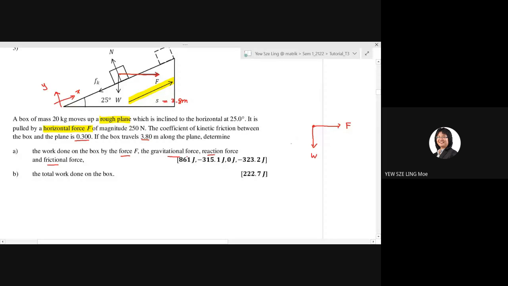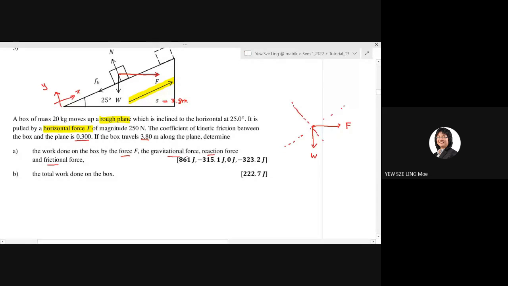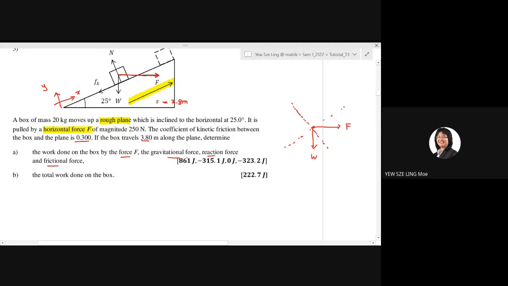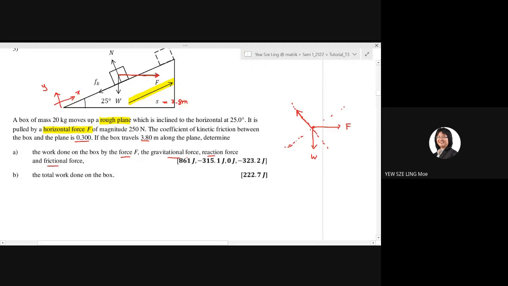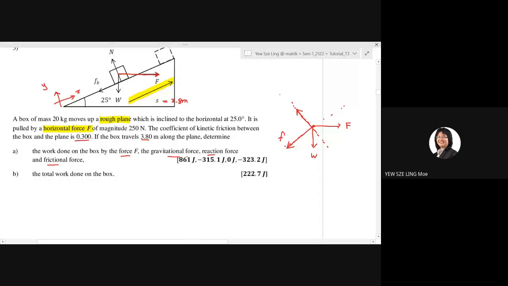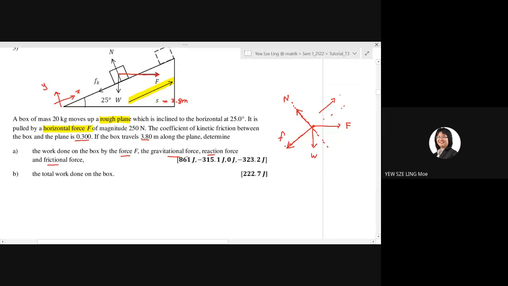This is my x-axis, my x component, and this is my y component. I have a normal force going in this direction, and a friction going backwards. This is friction, and this is normal. And my S is going in the positive x direction.